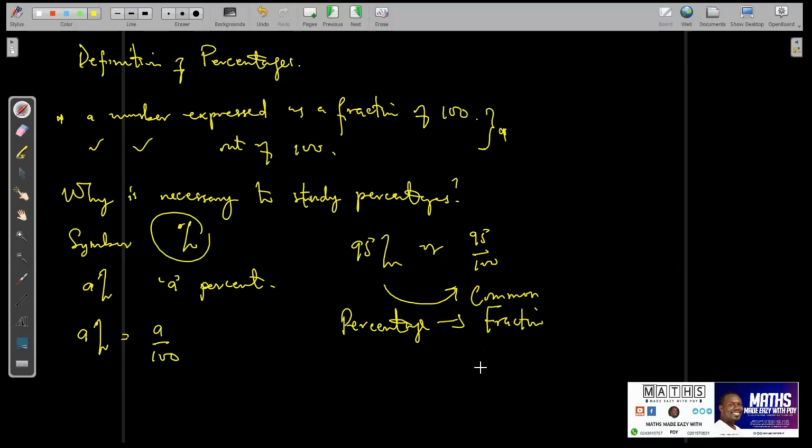When we mean a common fraction, it is simply a proper fraction: a fraction for which the numerator is always lesser than the denominator. That is what we classify as a proper fraction, and it is purely a common fraction. Please, are we all clear? So therefore, you can write percentages, or you can express a common fraction from its state to a percentage state.